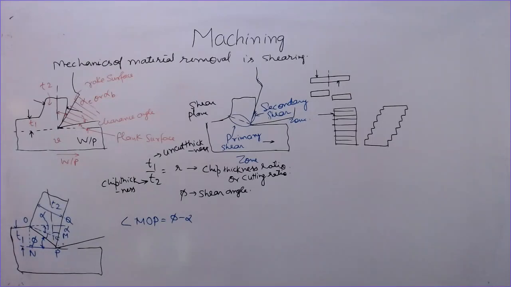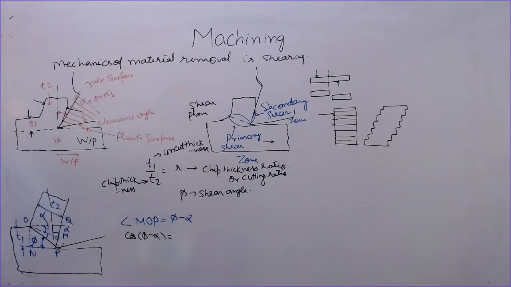Now we can write in these triangles, cos of phi minus alpha. What is cos of phi minus alpha? This angle is phi minus alpha, so base, this is at 90, base upon hypotenuse.